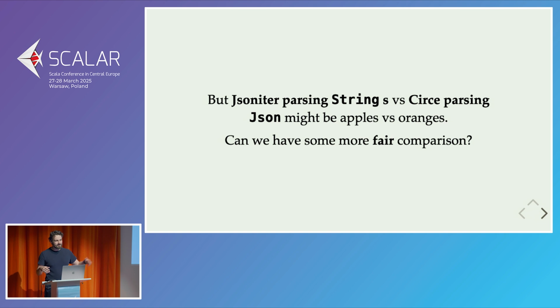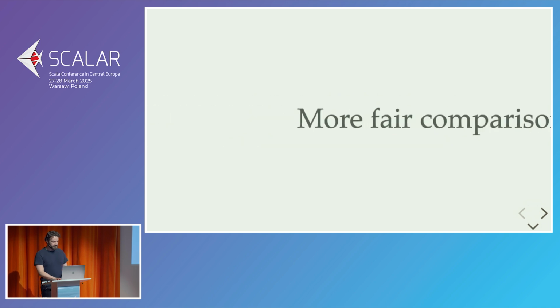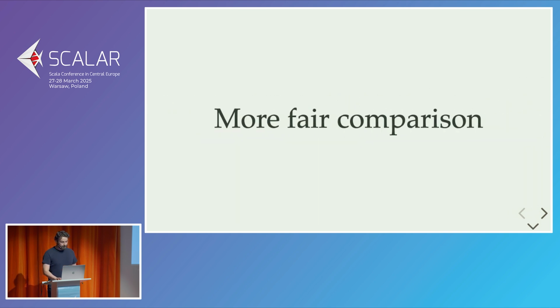Which basically means that if we try to decode strings into the target value and back, then we probably could have an even bigger difference between JSON eater and Circe. But if we want a more fair comparison to see how it works in some different cases, so yeah, I decided to do a more fair comparison.